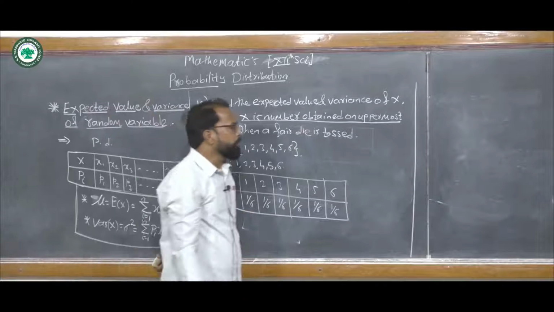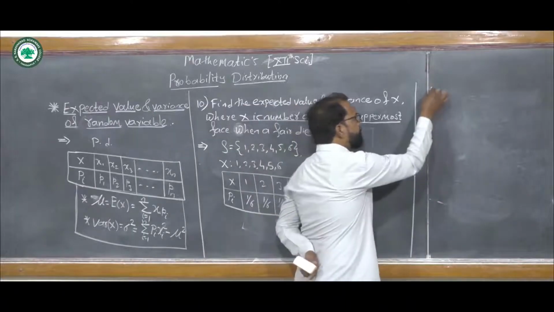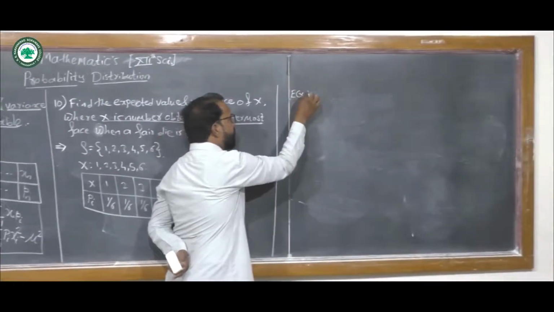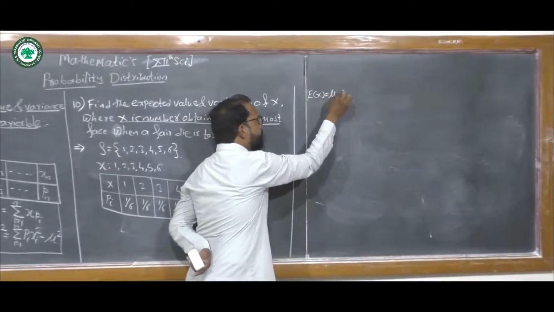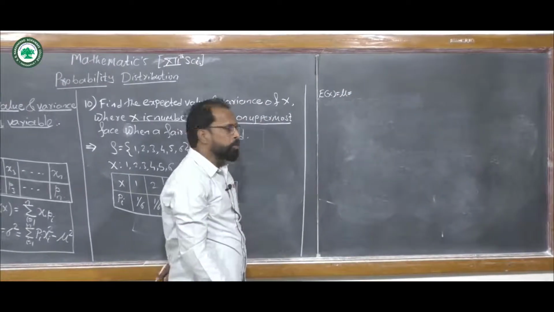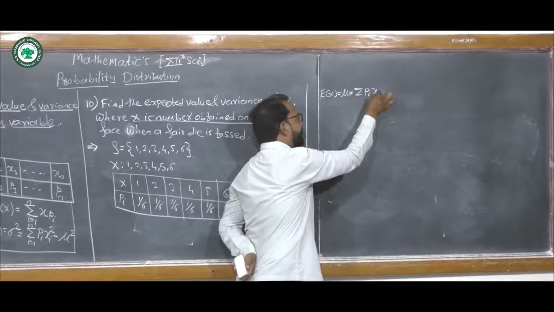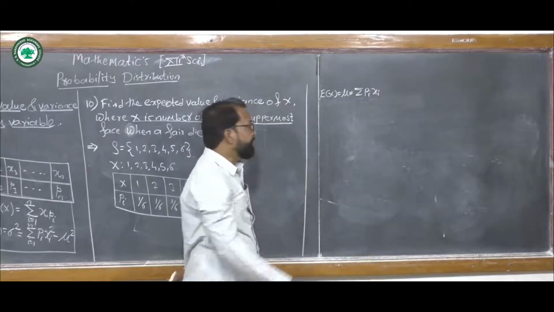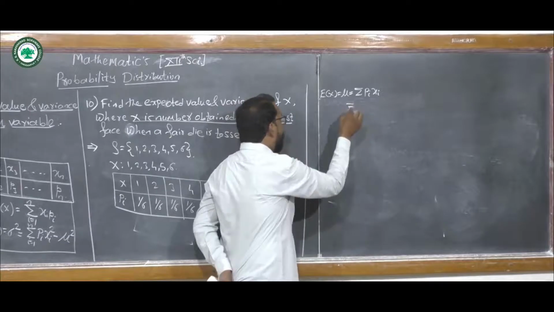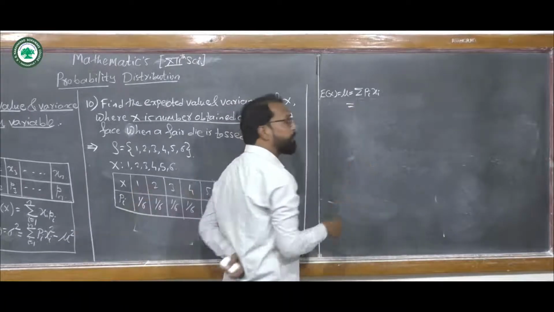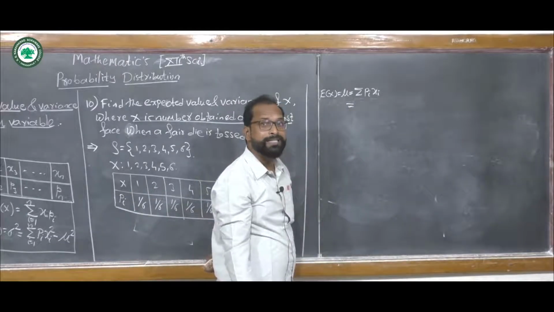We know that the formula for expected value, which is also denoted by mu, is summation pi into xi, or xi into pi. Now putting in the values, the values of xi are 1 to 6 and the probability is fixed at 1 by 6.